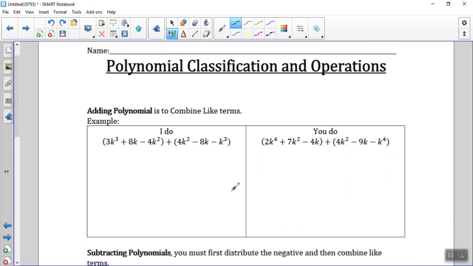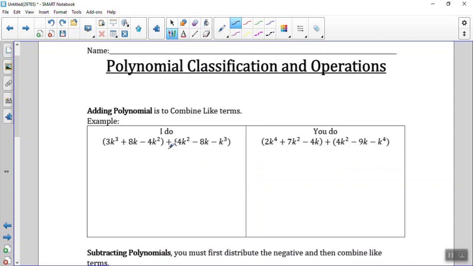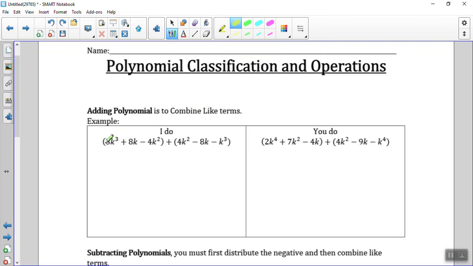Alright, so now when we're adding polynomials, it's nothing but just combining like terms, okay? So I'm going to just highlight the like terms. You know that k cubed is like terms with negative k cubed. 8k is like terms with negative 8k.